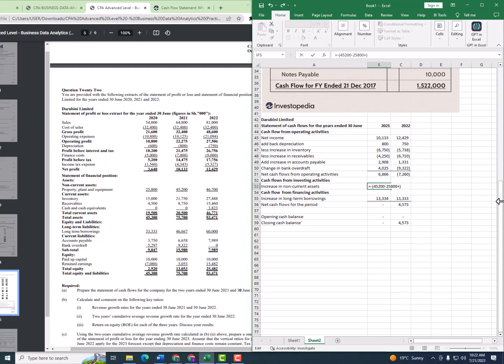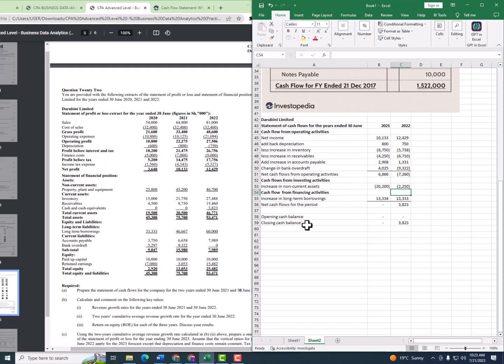So, for 2021, depreciation was 800. So add 800, hit enter. For 2022, the depreciation was 750. So we add 750, hit enter. And as you can see, the figures have automatically readjusted themselves.